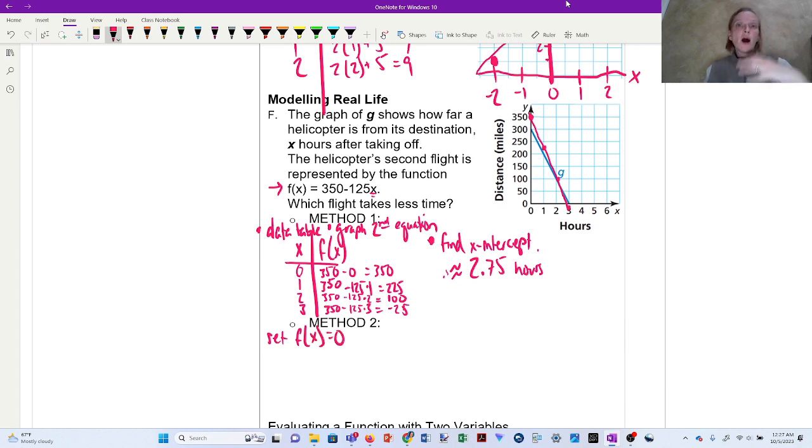And once we say y is 0 or f of x equals 0, that's going to help us to find the x-intercept. So let me set the function equal to 0. Instead of writing f of x equals 350 minus 125x, I'm going to say 0 equals 350 minus 125x.